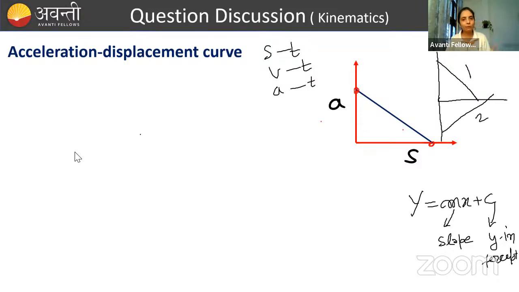Done. So basically to solve AS curve and BS curve, first step is to write the equation of the curve.